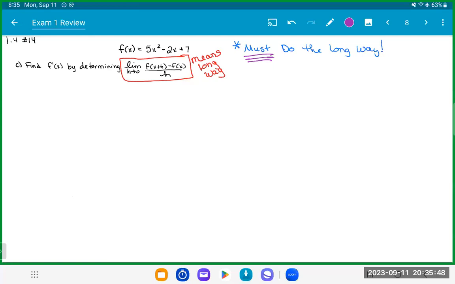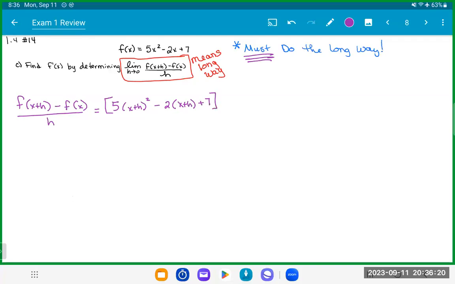Okay. All right. So we have f of x plus h minus f of x divided by h. Okay. So that equals, the first one, for f of x plus h, that is 5 times x plus h squared minus 2 times x plus h plus 7.